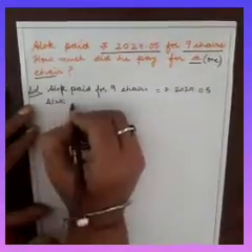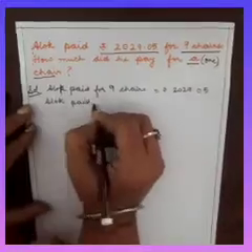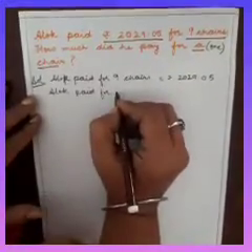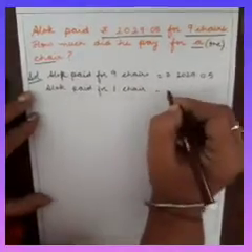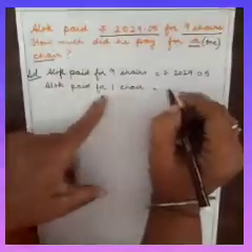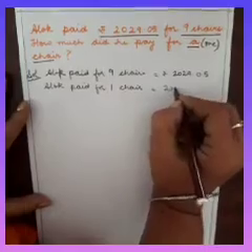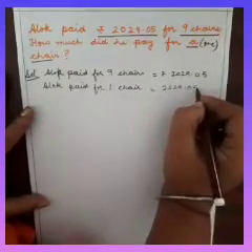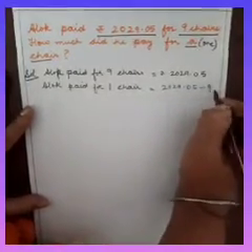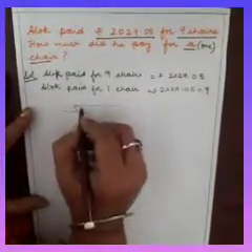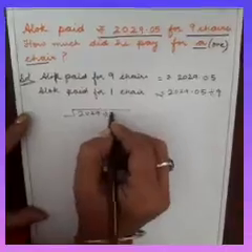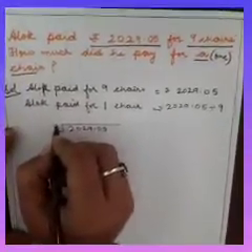Then Alok paid for, you can write a chair also, or you can write one chair also. Both are correct. And for finding the cost of one chair, what we need to do? We will divide the amount that he has paid for 9 chairs by 9. Okay. So now we will do the division. This is 2029 and 5 paisa divided by 9.